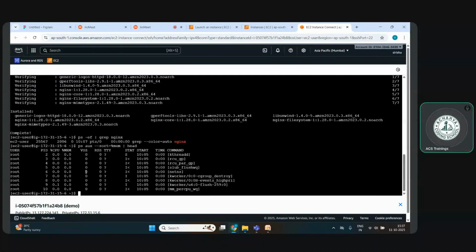We can see how many users are in our system, how many processes we have, and how much memory they are using. We have just created our Linux machine and haven't started any process, so it is showing 0.